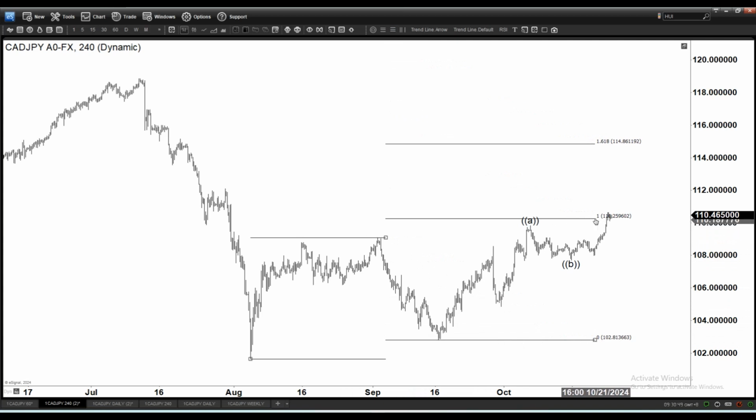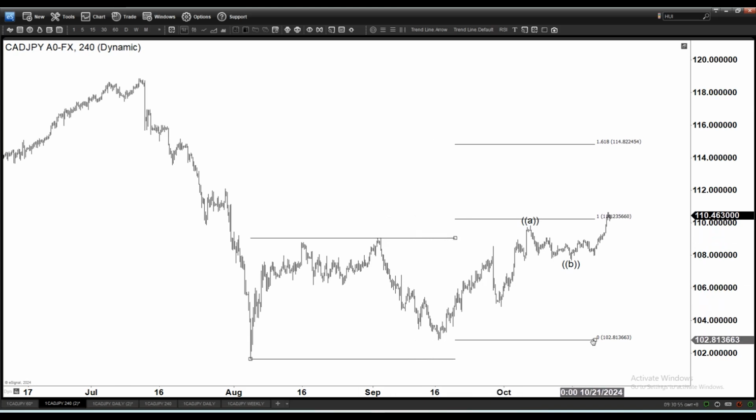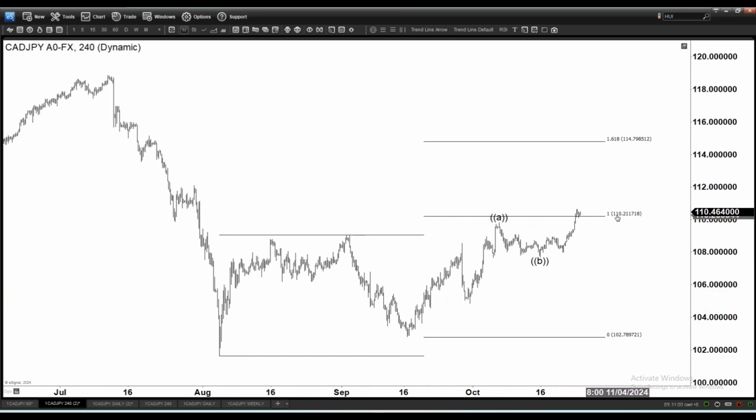Now you notice here we have already reached the minimum target to finish, right? I'm not saying that we should be finishing right now, but what I'm saying is we have reached the minimum, which is the 100%, based on this one, let's call it W, and because it's 3 waves, X, and then now the Y, right? Now this can be counted as well like a flat, A, B, 1, 2, 3, 4, and then now with 5.